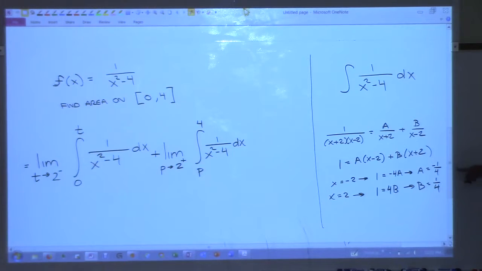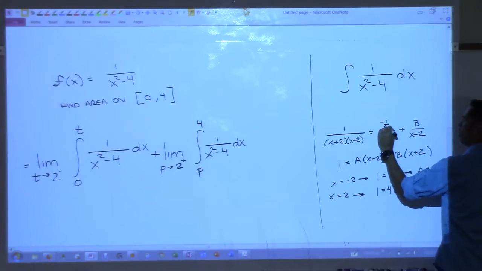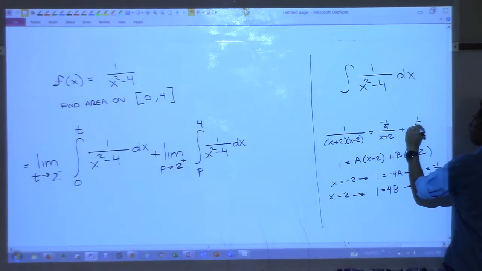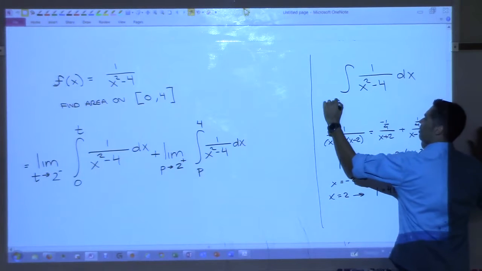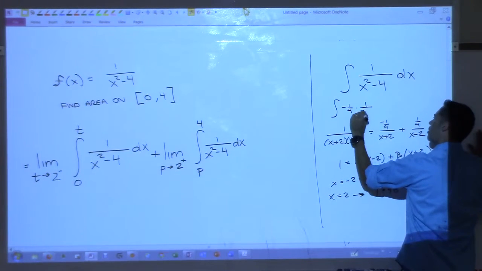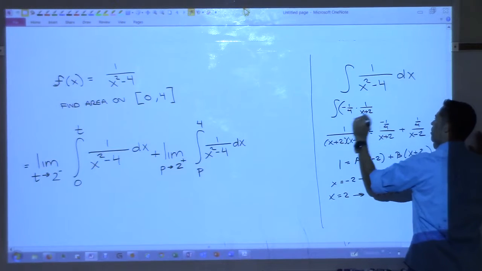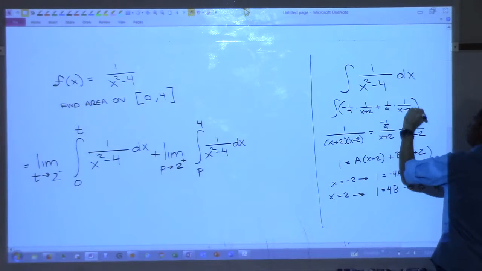So I replace this with negative 1/4, and this with 1/4. Now the integral becomes the integral of negative 1/4 times 1 over (x plus 2), plus 1/4 times 1 over (x minus 2) dx.